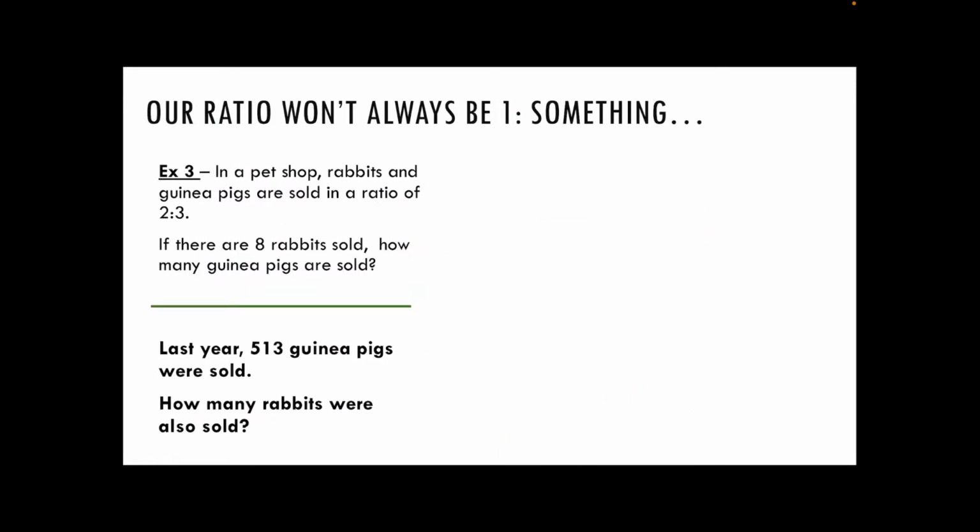Our ratio won't always be 1 to something though. So for example 3, in a pet shop, rabbits and guinea pigs are sold in a ratio of 2 to 3. So for every 2 rabbits we sell, 3 guinea pigs are also sold. We're told that we have sold 8 rabbits and want to work out how many guinea pigs are sold.